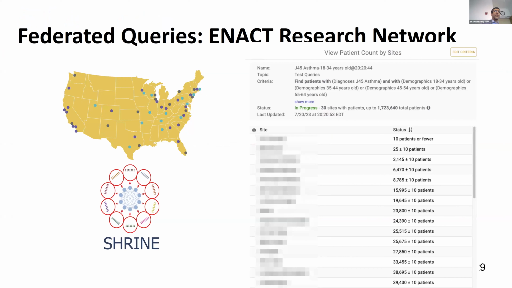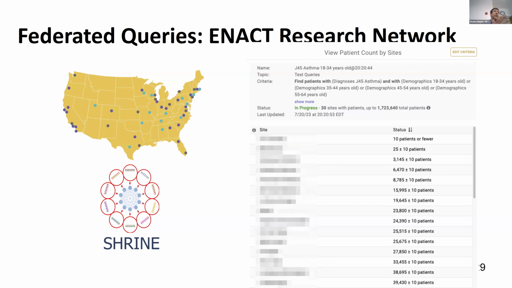Not going to go a whole lot into Shrine, but it's a tool developed at Harvard Medical called the Shared Health Research Informatics Network, I think, that allows i2b2 to query each other and you can get patient counts across a large number of sites.